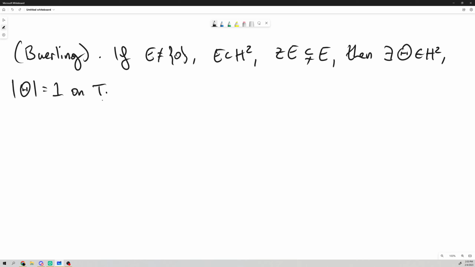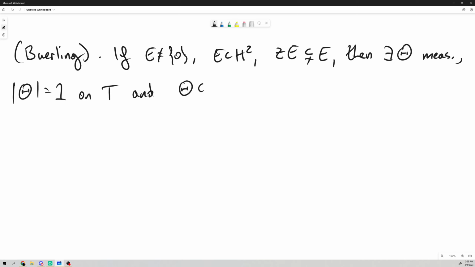Excuse me, I was getting my wires crossed. There exists a measurable function theta such that the modulus of theta is 1 on T, and theta is in the Hardy class H2. Okay?